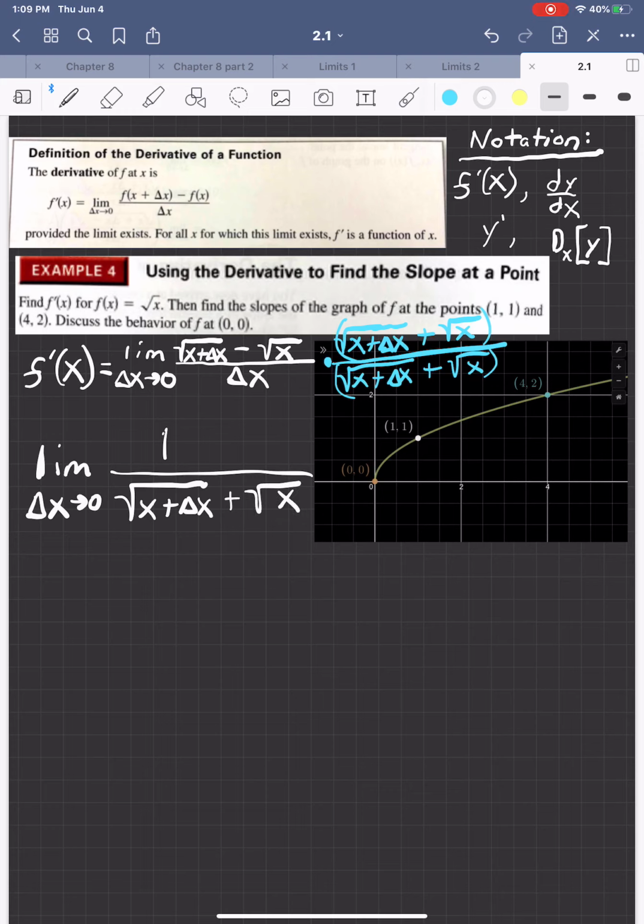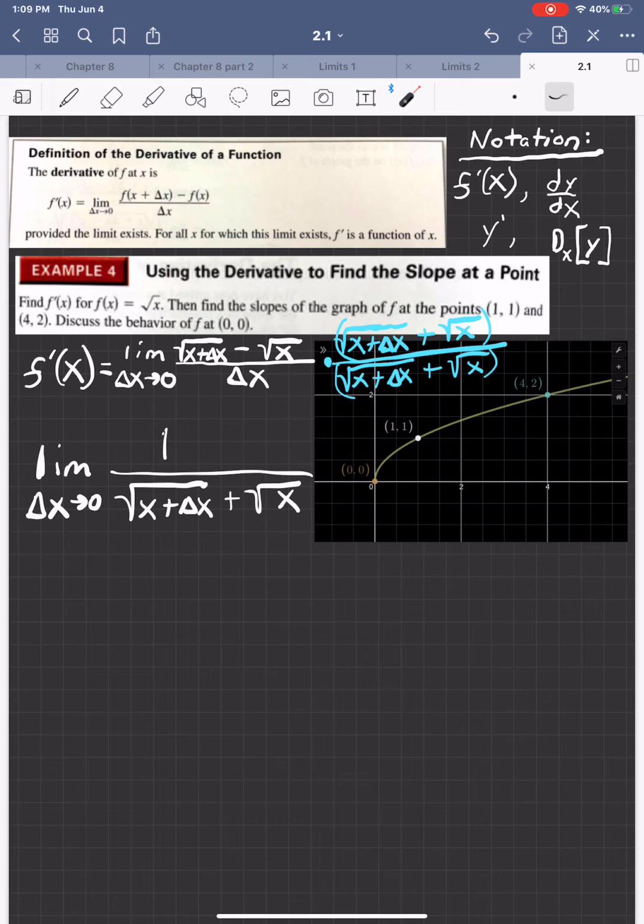It's at this stage you've finished the difference quotient, and now it's time to evaluate the limit. It's fairly simple. We're just plugging 0 in for delta x. Just be careful, you're not plugging 0 in for x, you're plugging 0 in for delta x.